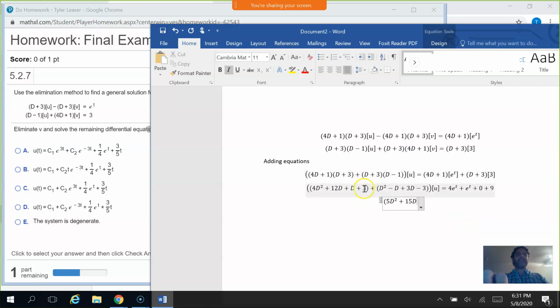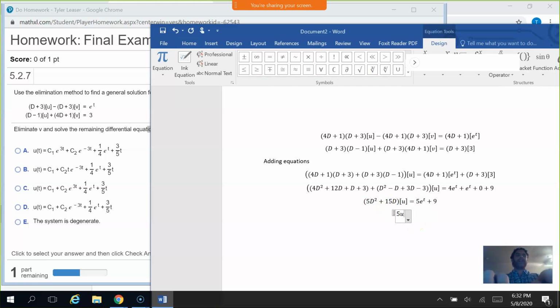And then for my constants, I have a plus 3 and a minus 3. Those two things just disappear. On the right-hand side, I can combine some of this stuff together as well. Last little thing you want to do is to go ahead and finish up this operator here. So it's going to be 5u second derivative plus 15u first derivative is equal to 5e to the t plus 9.